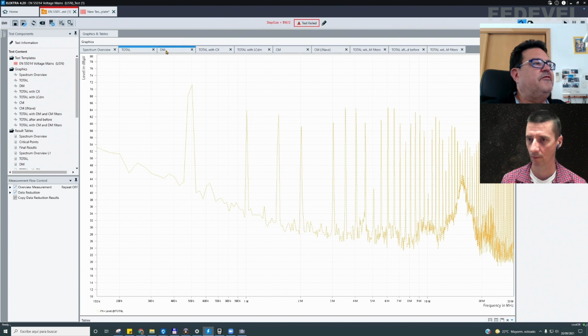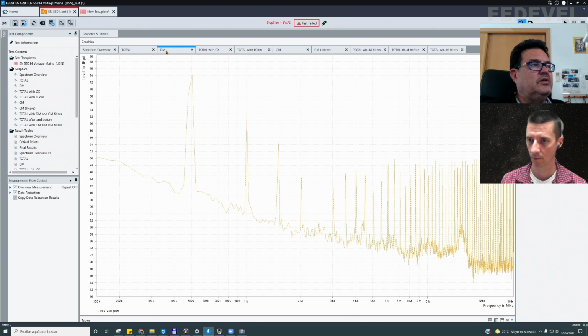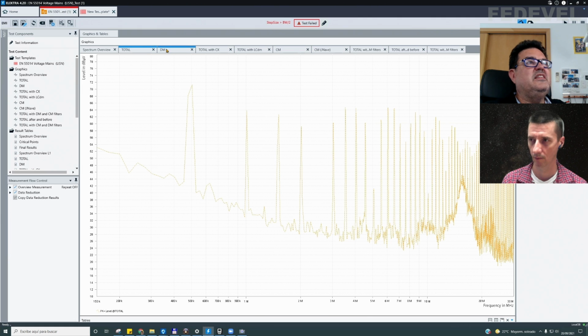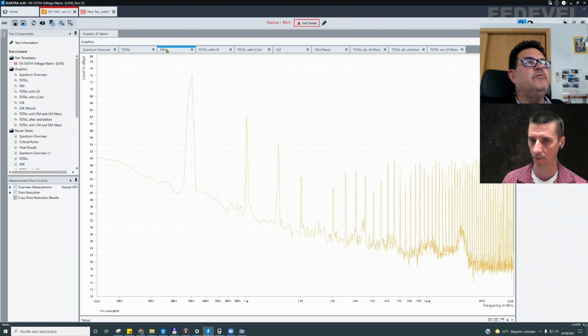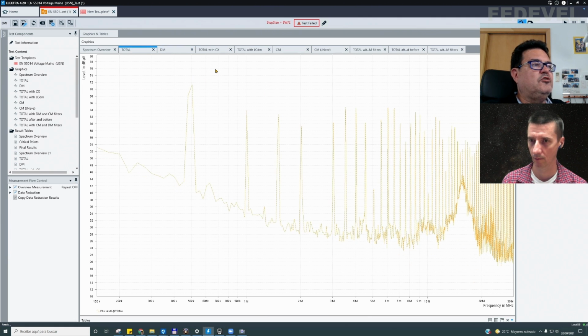So what happens if I measure with the spectrum analyzer, like I have done now, the differential mode? The differential mode is this one. So this is differential mode, and this is the total. You can see that this is very common from measurements, that in the total spectrum, usually the low frequencies that are coming from the switching frequency of the power supply are differential mode in origin.